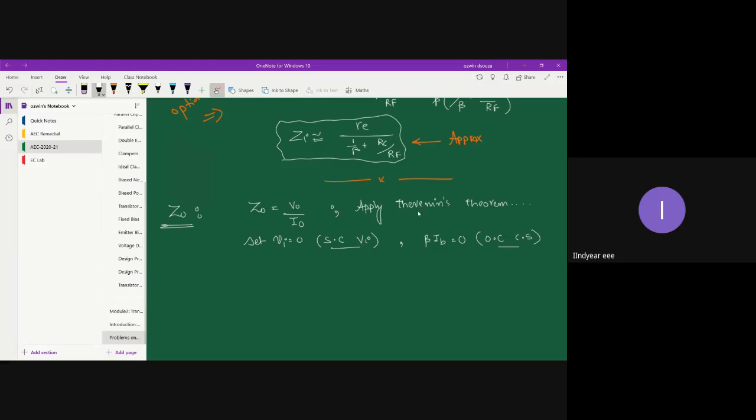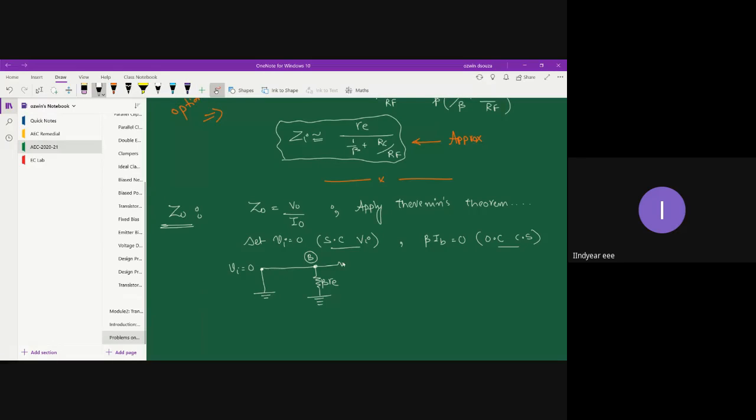Now, when I apply Thevenin's theorem, what I get is the equivalent circuit. Observe carefully. Your Vi, you are setting it to 0, so you have a direct short at the input terminal. Then across Vi you have beta RE, correct? And this is your base terminal.